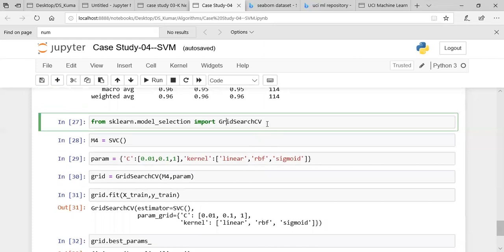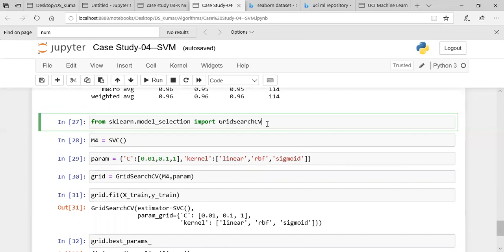And not only in this case, friends, you can apply GridSearchCV to any other algorithm, provided you have multiple options, like in the case of the SVM, where we have linear, RBF, sigmoid kernel tricks.